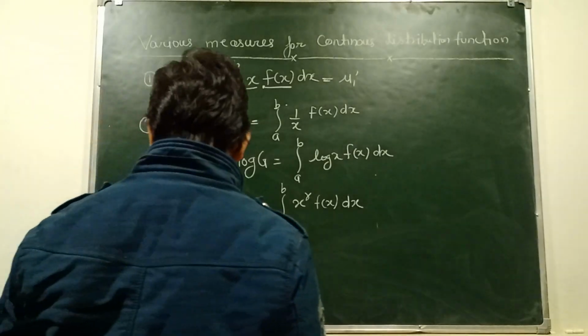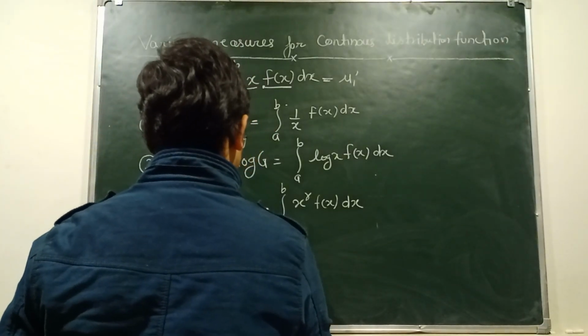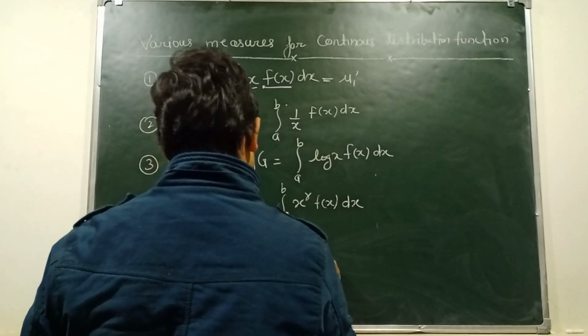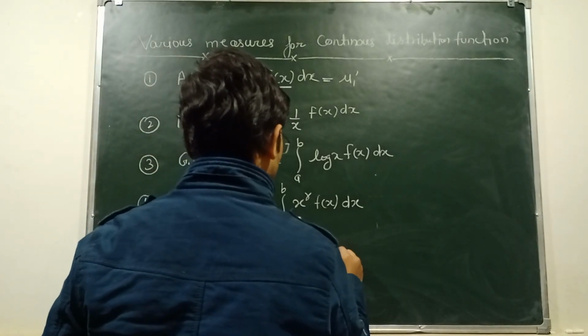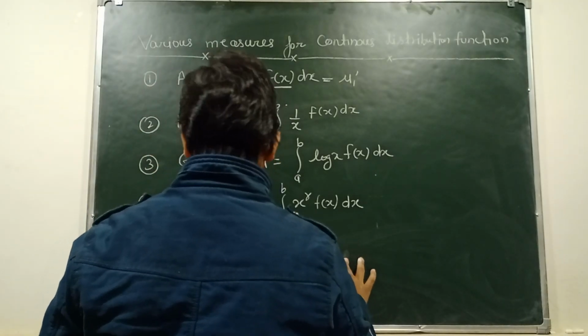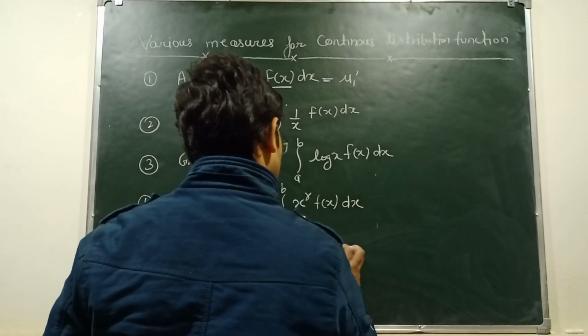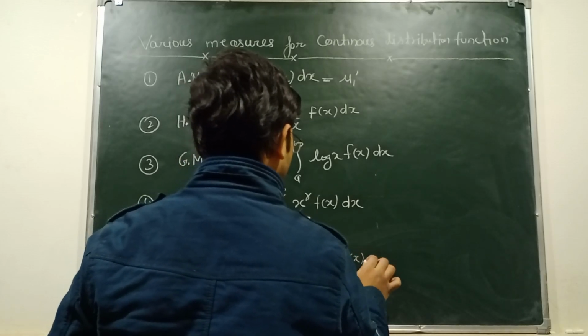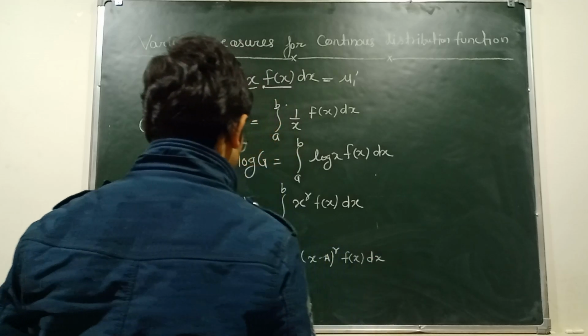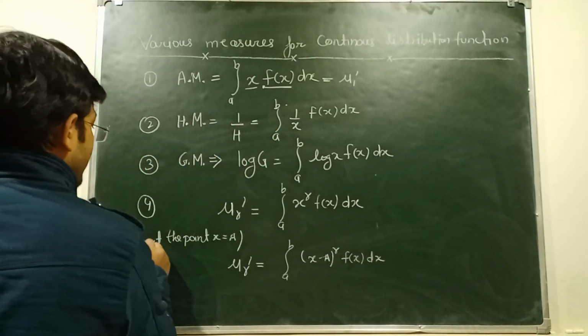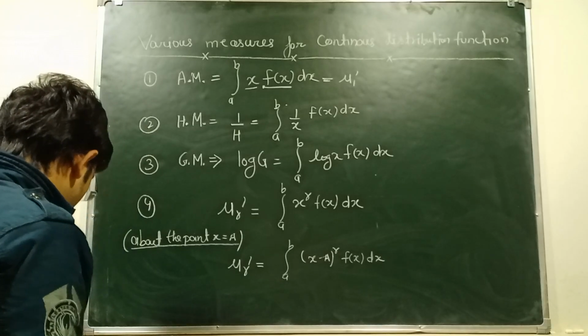So mu r dash is equal to the integral from a to b of (x minus A) to the power r times f(x) dx. So this is the formula about the point x equal to A.